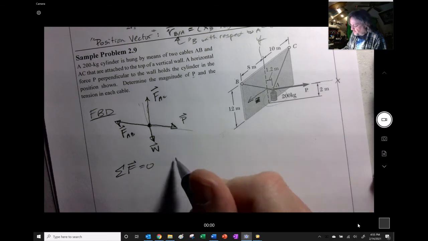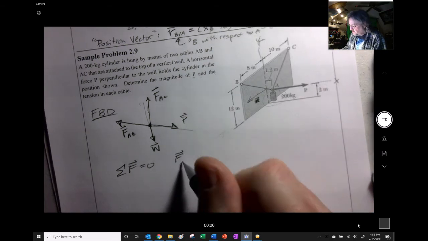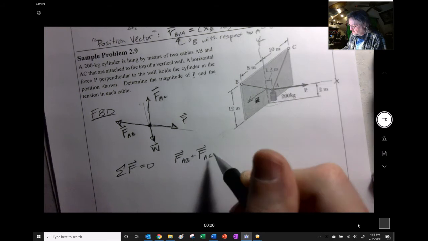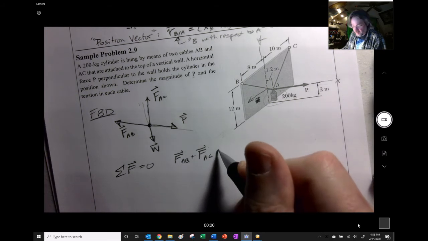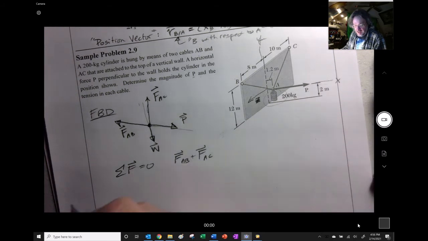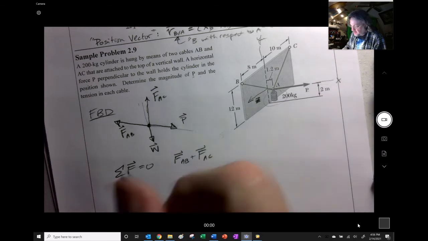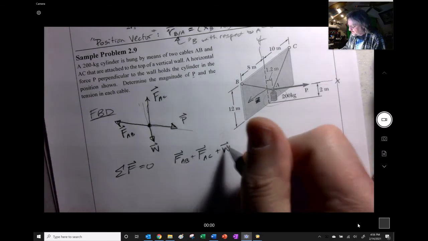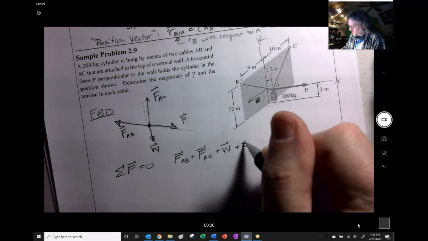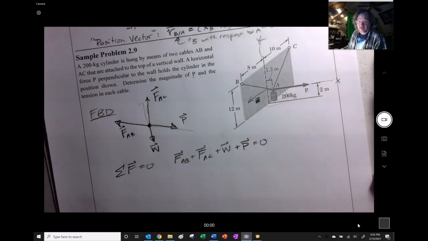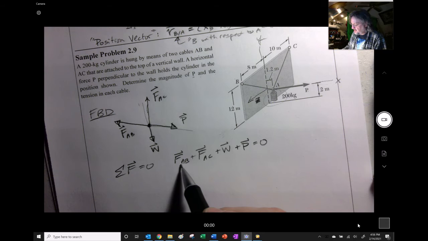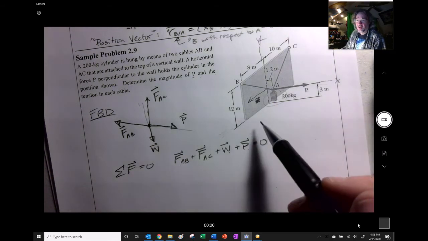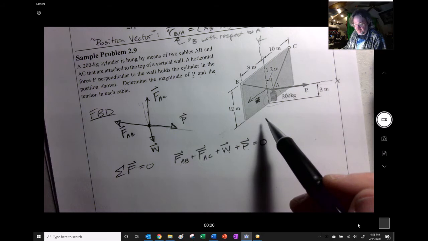If we were going to write out that equation, we would say that AB plus AC, and it depends how we write this out. Yes, let's just write this. We're not giving this any signs by way of this vector right there. We say this plus this plus this must equal 0 for equilibrium to take place.